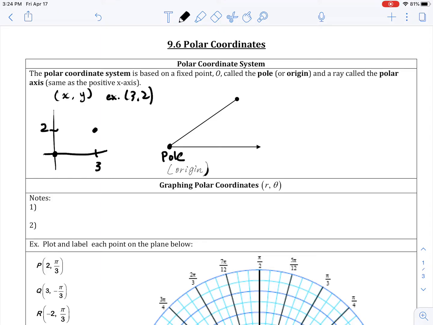We have our polar axis here. And we have our r value, which is our directed distance.